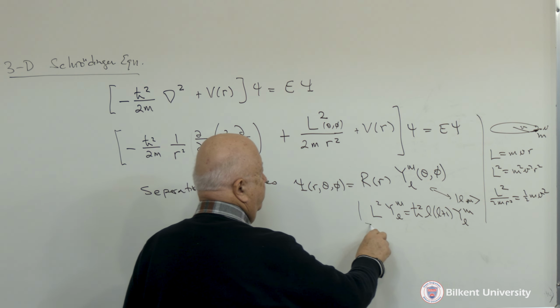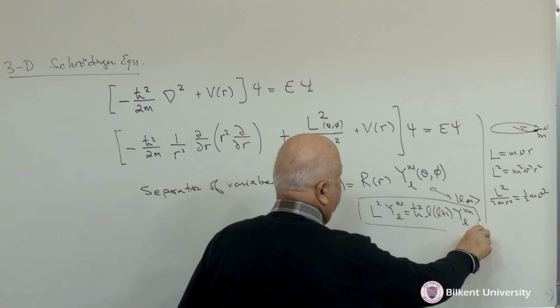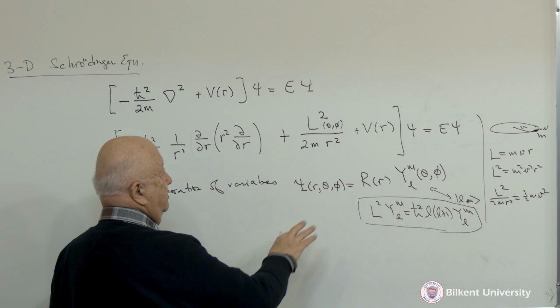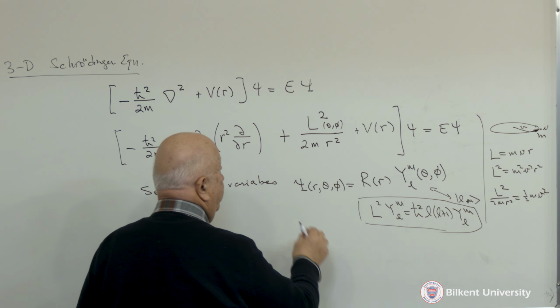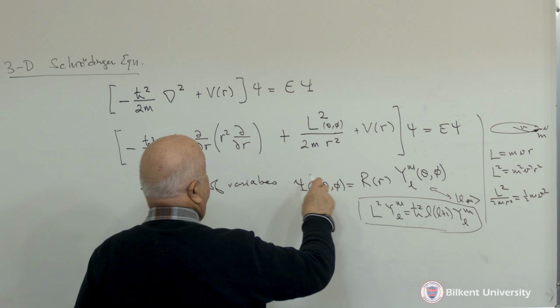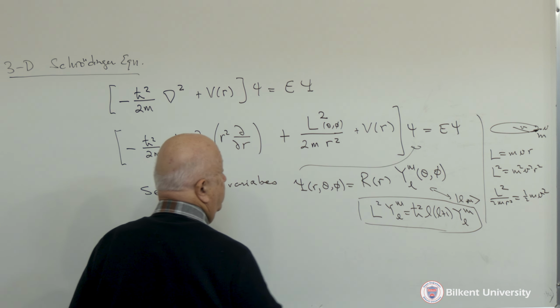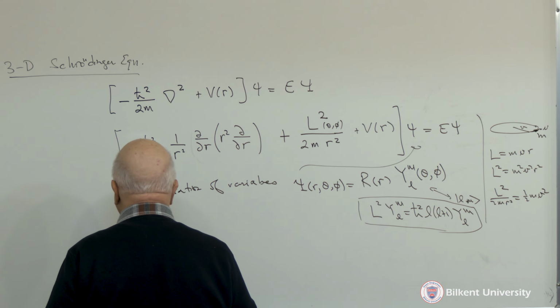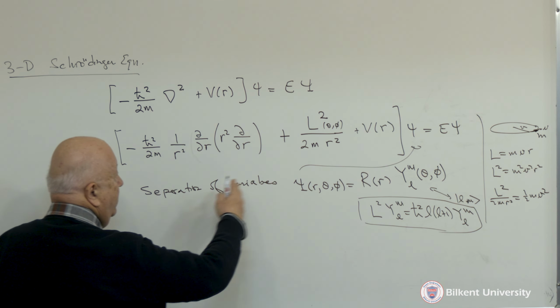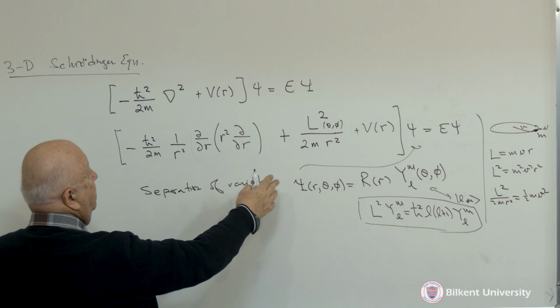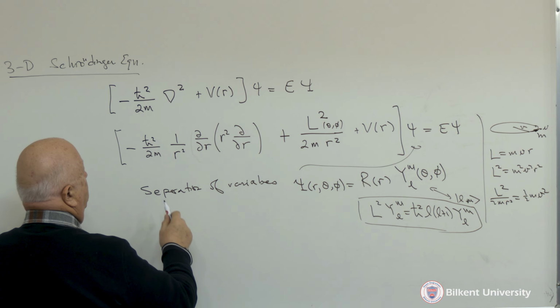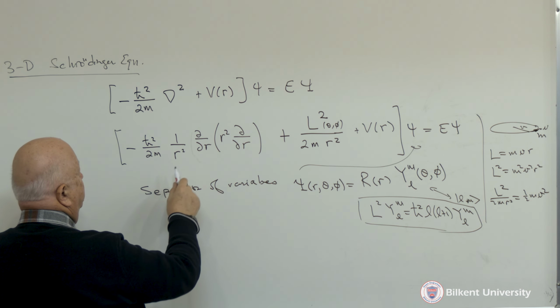So we have this eigenstate condition. If I now put this psi into my equation, what do I get? Well, first of all, Y_lm will just factor out, and I'll be left with just the radial equation.